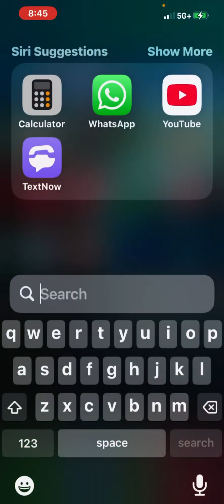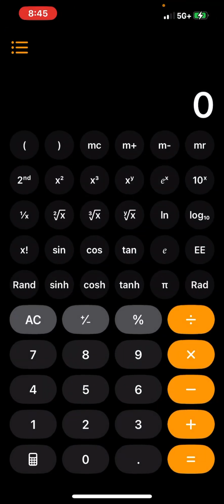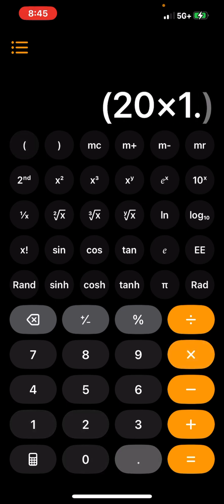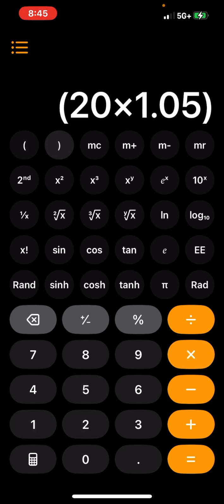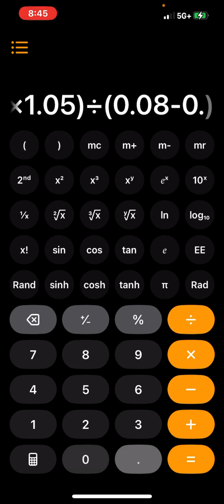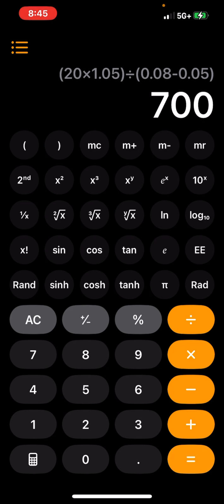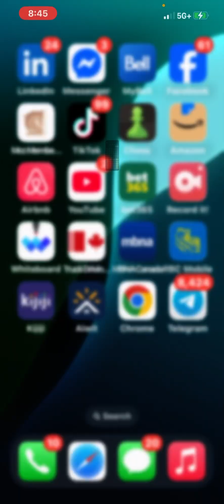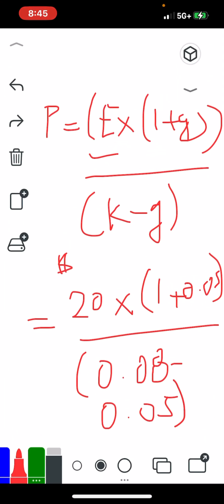If you were to use a calculator, this will be 20 times 1.05 divided by 0.08 minus 0.05. This comes to around $700.